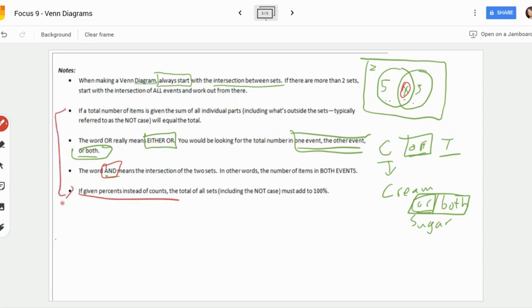Then we kind of talked about this a little bit in here. If you're given percents, the total of all sets, like in their numbers, their percents, including the not case, they have to add up to 100%. There's nothing left out of this box. So maybe this is 10%, and then you have a Venn diagram.